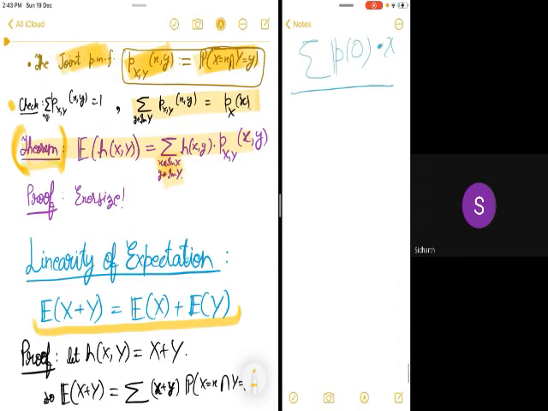The proof is just that the expected value of X plus Y will be the sum of (small x plus small y) times the joint probability mass function evaluated at small x and small y.